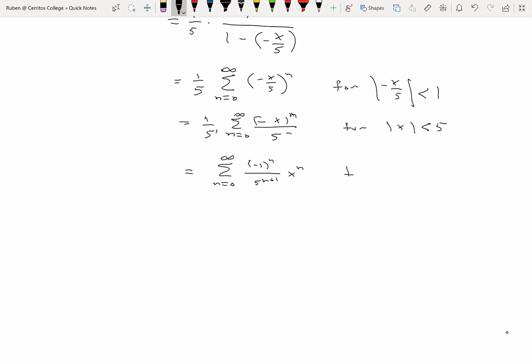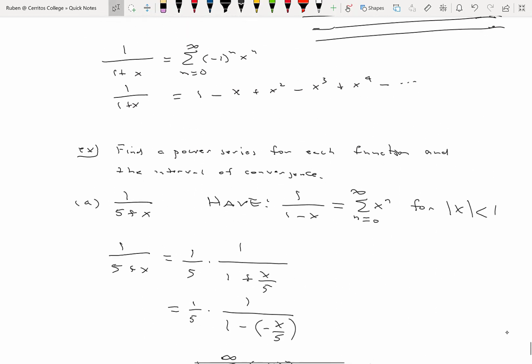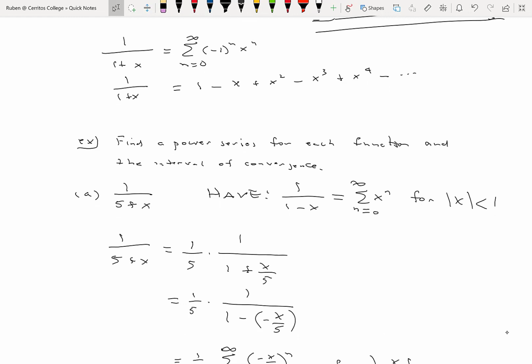And that's our power series for the absolute value of x less than 5. So we have a function 1 over 5 plus x, and its power series representation centered about 0 is that power series. And we haven't had to use any fancy formulas, just the one series we have to begin with: the sum of x to the n, n from 0 to infinity, is 1 over 1 minus x.